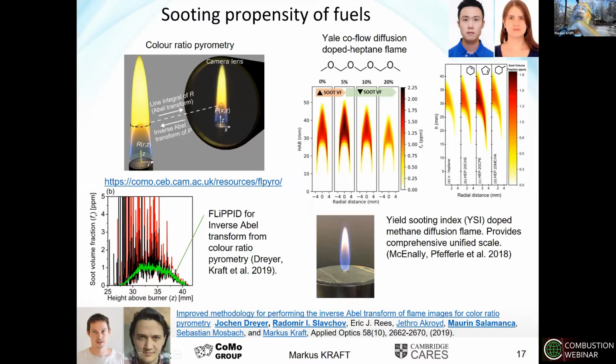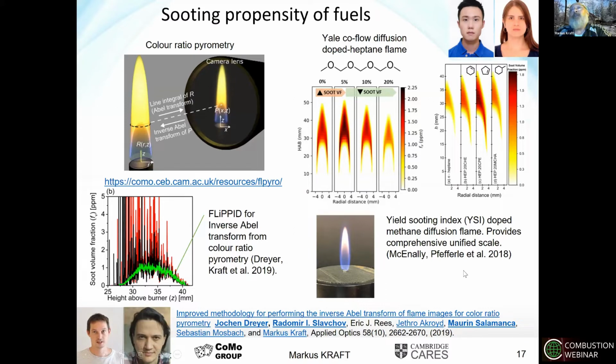My postdoc, Jochen Dreyer, improved the inverse Abel transform that you need for color ratio pyrometry so that he could reduce the noise in this measurement technique. This is a cheap way of getting estimates for soot volume fraction and temperature, and that has been quite successful.